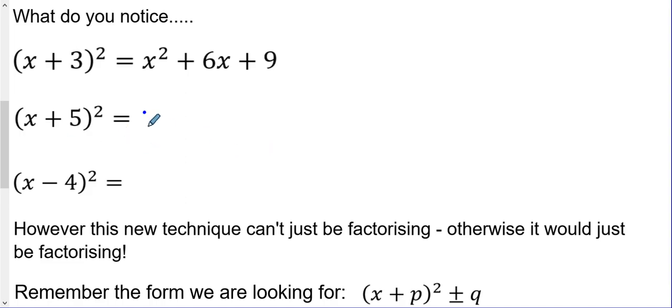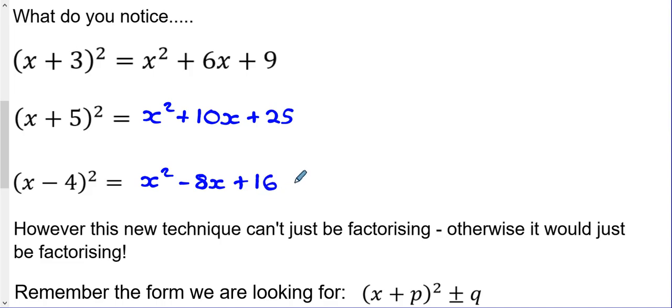In this one, we'd get our x squared, we'd get a 5x and another 5x, giving us 10x, and we'd get 5 times 5, 25. On this one, similar, we'd get an x squared, we'd get a negative 4x, another negative 4x, giving us negative 8x, and negative 4 times negative 4 would be positive 16.